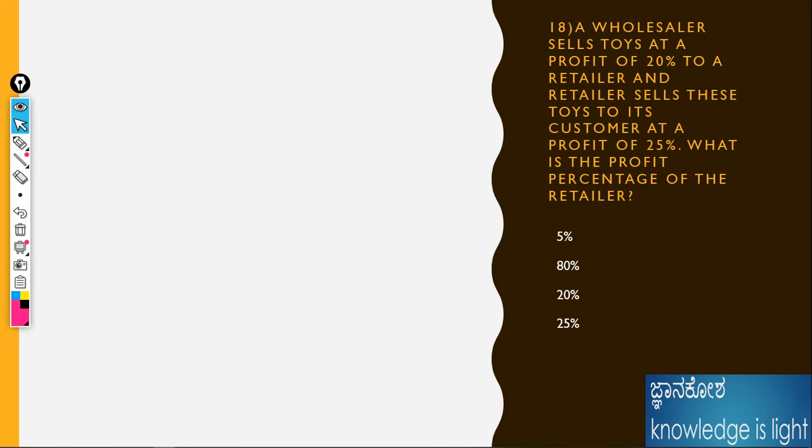The wholesaler sells toys at a profit of 20% to a retailer, and the retailer sells these toys to a customer at 25%. What is the profit percent of the seller?